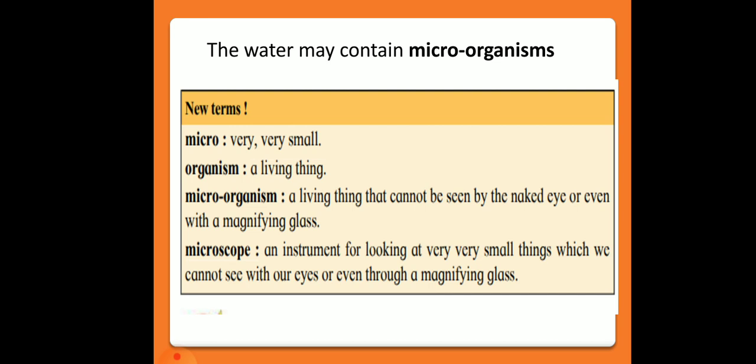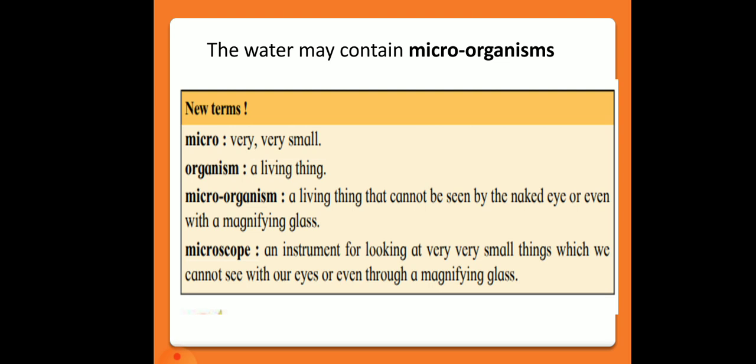Microorganism means a living thing that cannot be seen by the naked eye or even with a magnifying glass. So, we need an instrument to see microorganisms. That instrument is called microscope.